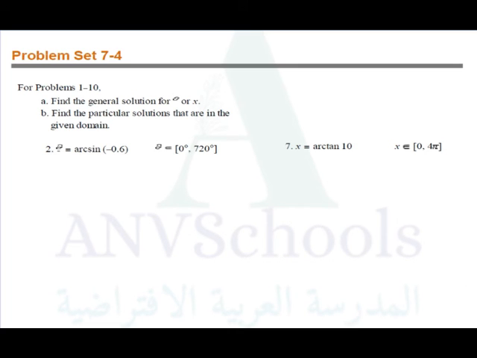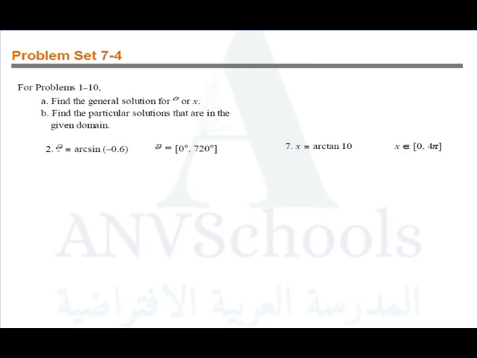So let's go now to problem set 7-4. Let's start with problems 1 to 10. In problems 1 to 10, I only selected two numbers, which are numbers 2 and 7. So letter A, for these two equations, we have to find the general solution for theta or x.